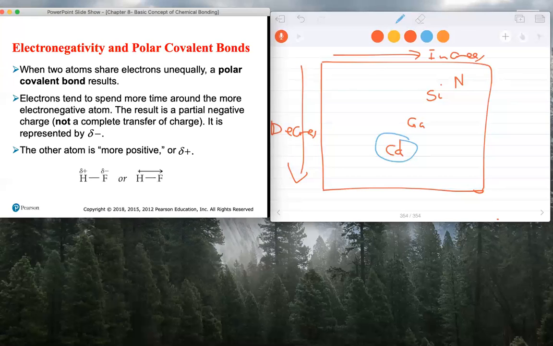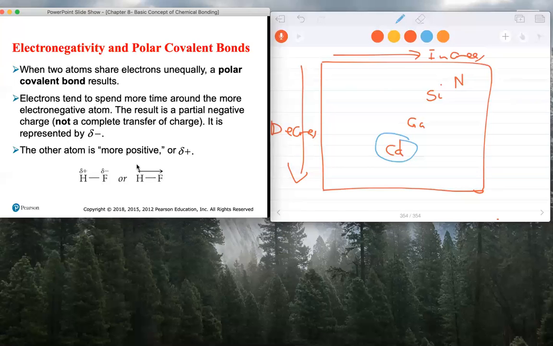Now, electronegativity, as I explained, when there is an unequal sharing of electrons in a covalent bond, it leads to what we call dipole moment, which represents the displacement of electrons.